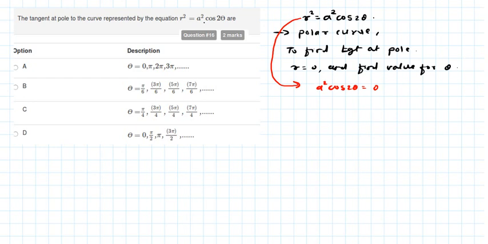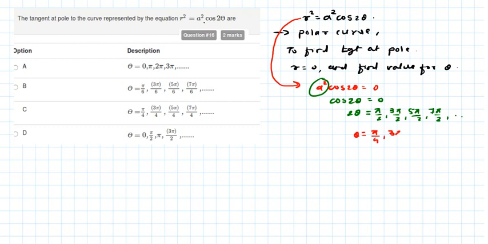This a square is a non-zero quantity, so obviously cos 2 theta will be equal to 0, and cos 2 theta will be 0 when this angle 2 theta is pi by 2, 3 pi by 2, 5 pi by 2, 7 pi by 2, and so on, so that we will get the values for theta: pi by 4, 3 pi by 4, 5 pi by 4, 7 pi by 4, and so on. So that should be our answer. Option C is the right answer.